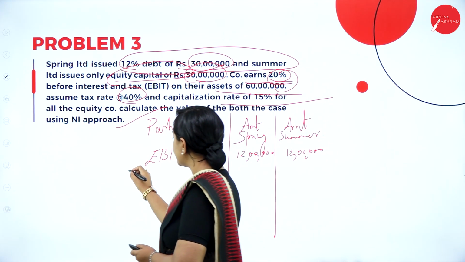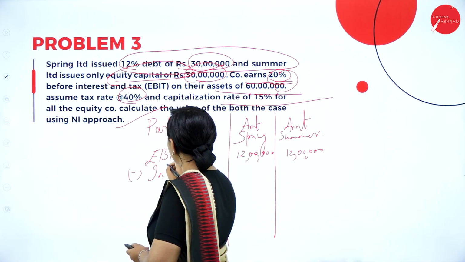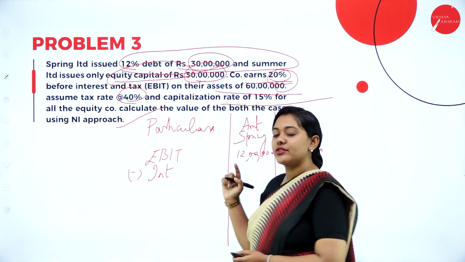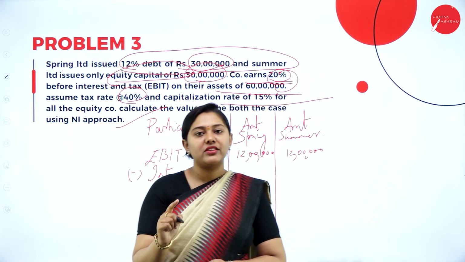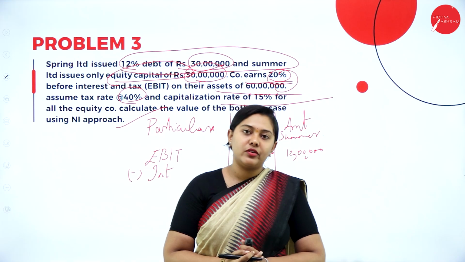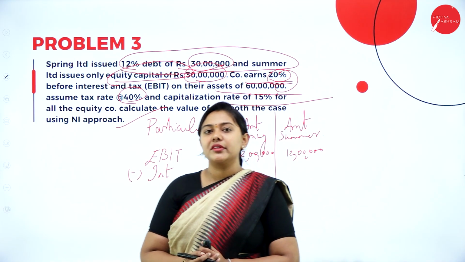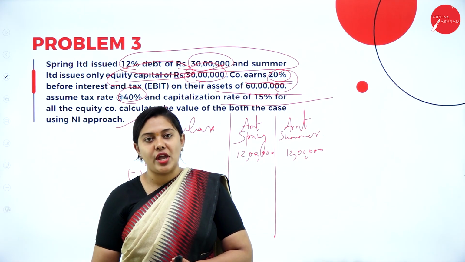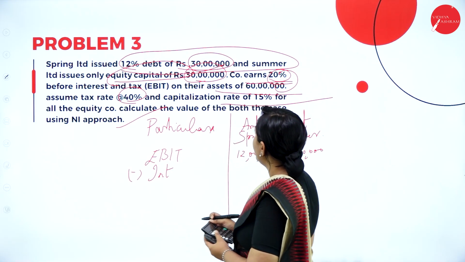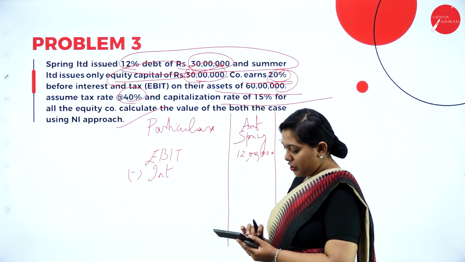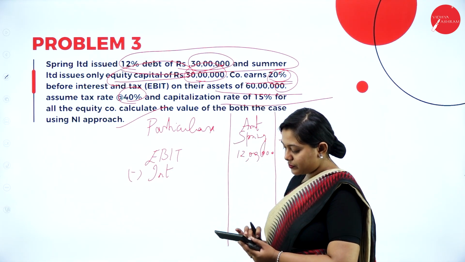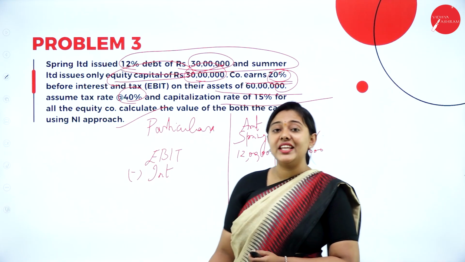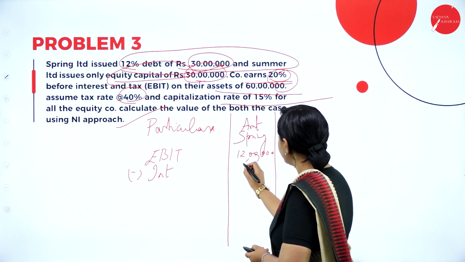Next, less interest. Only Spring Limited is using what? The debenture, that is, you need to pay the interest for Spring Limited. Summer Limited is purely equity shares. So what is the interest? 30 lakh into 12%, it is 3,60,000.